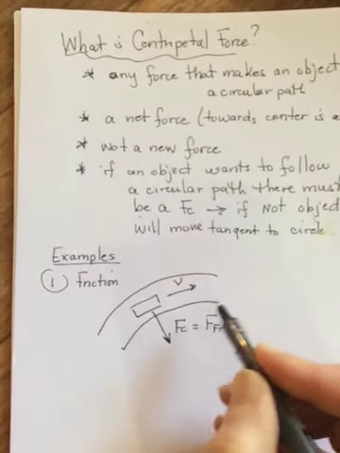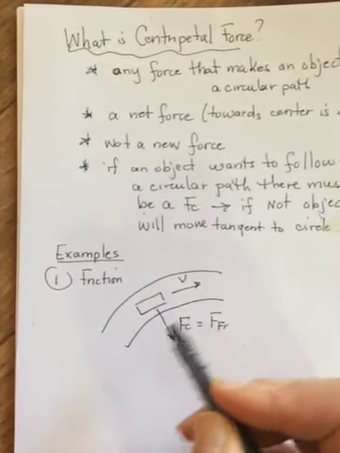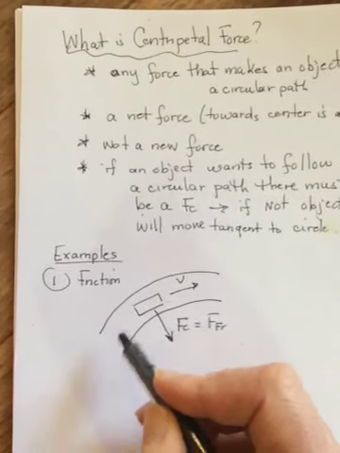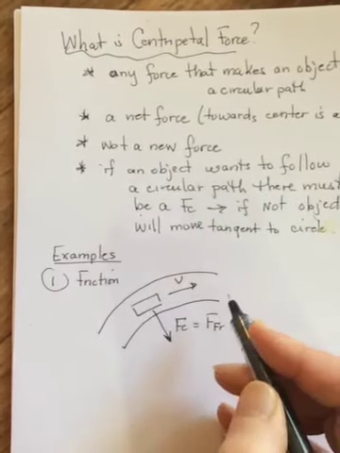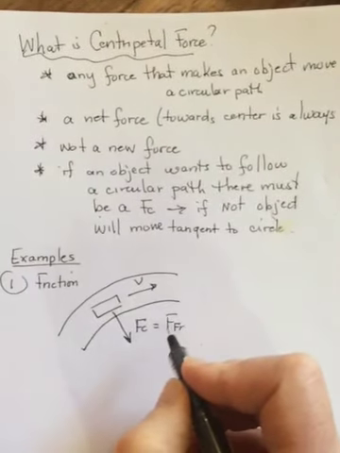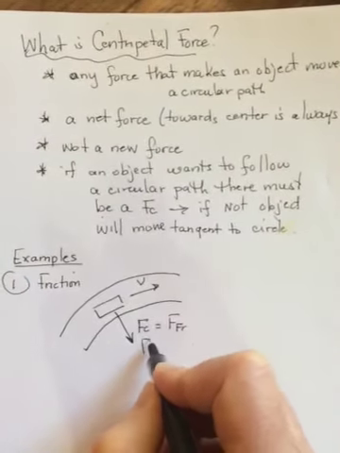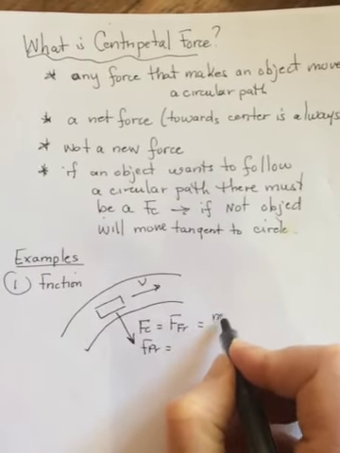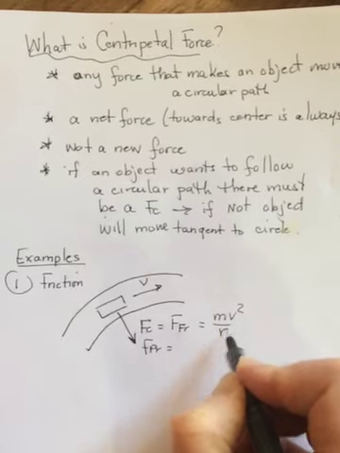Now, on a normal day, there's good friction, good contact between your tires and the road, and you can zip around this curve quite easily. But on a slippery morning, friction may not be big enough. Remember that centripetal force has to be equal to mv squared over r.